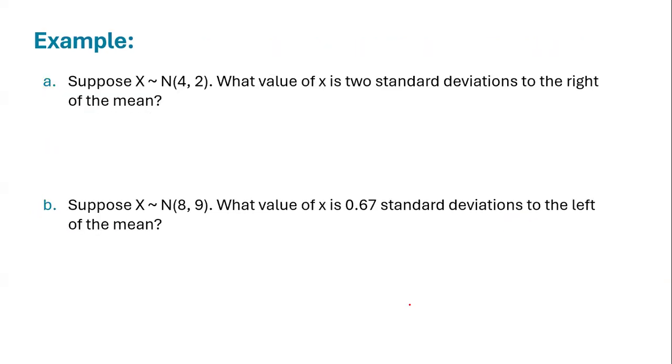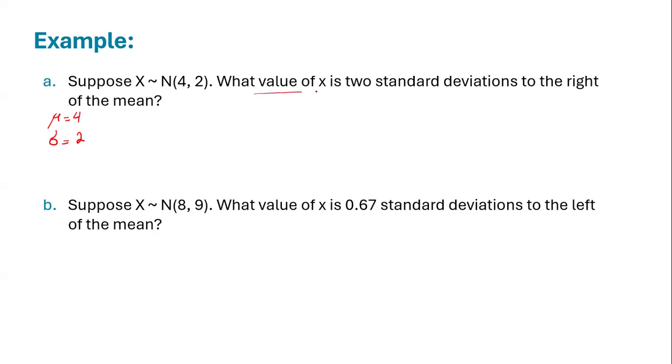Let's look at the next example. It says, suppose that x is a random variable in a normal distribution. If the mean is 4, we know that the first number in a normal distribution is the mean, 4, and the second is the standard deviation, which is 2. What value of x is 2 standard deviations to the right of the mean?